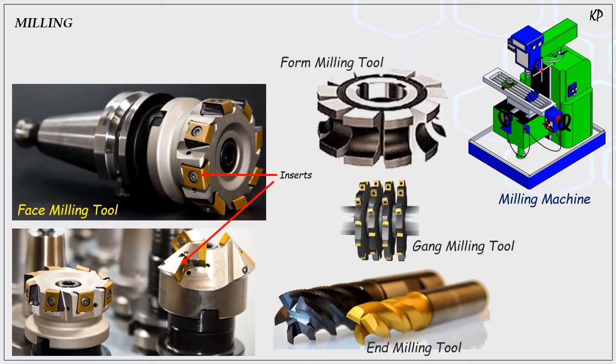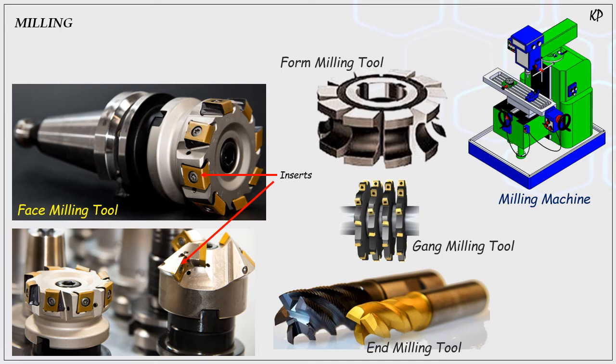There are several types of tools available in milling. Face milling is there, then end milling, gang milling, and form milling. Face milling is used to remove the top surface material from the workpiece, while end milling is used to produce profiles inside the component or workpiece.